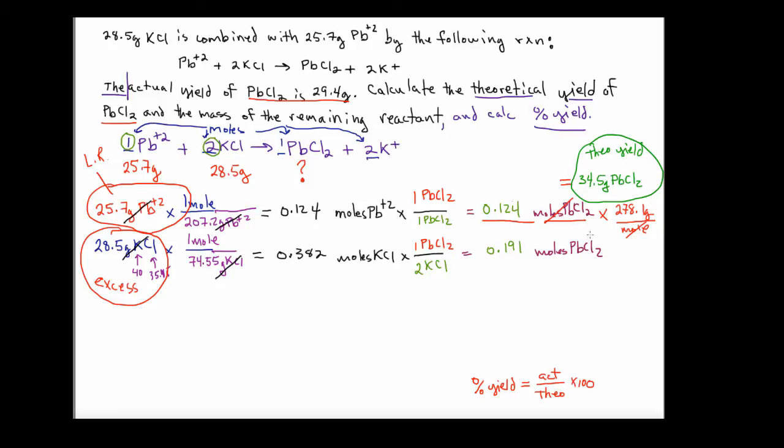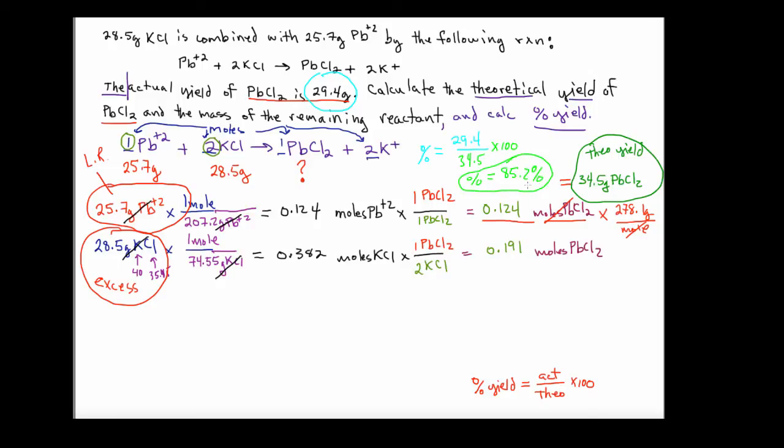So the percent yield for this reaction is going to equal, here's our actual right here, 29.4 divided by 34.5 times 100. So my percent yield for the reaction is going to be 85.2%.